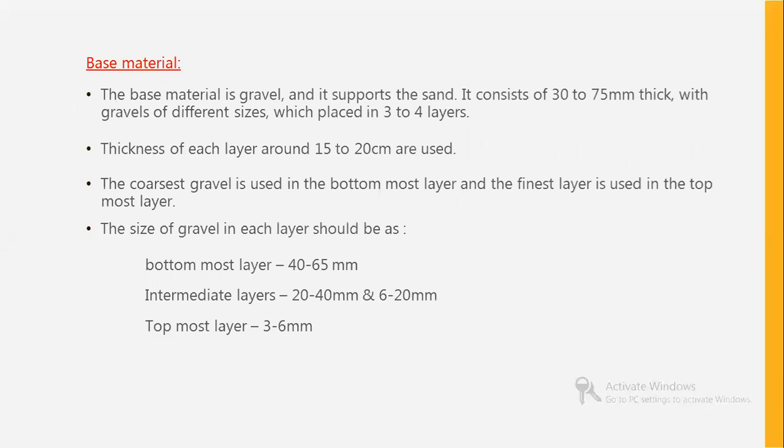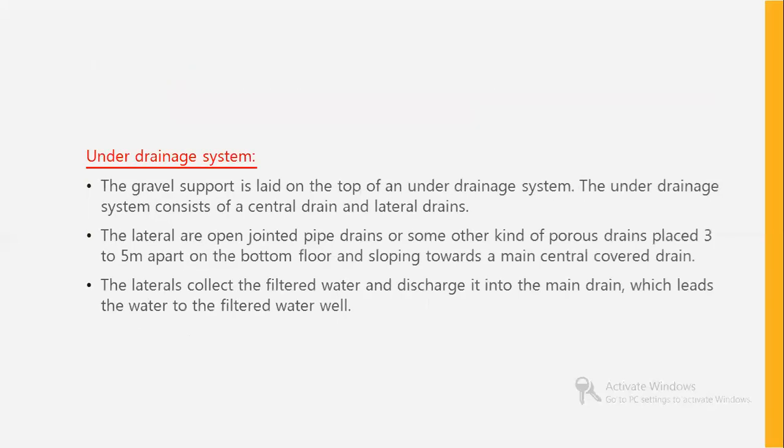The coarsest gravel is used in the bottommost layer and the thinnest layer is used in the topmost layer. The size of gravel in each layer should be: bottommost layer 40 to 65 mm, intermediate layers 20 to 40 mm and 6 to 20 mm, topmost layer 3 to 6 mm.